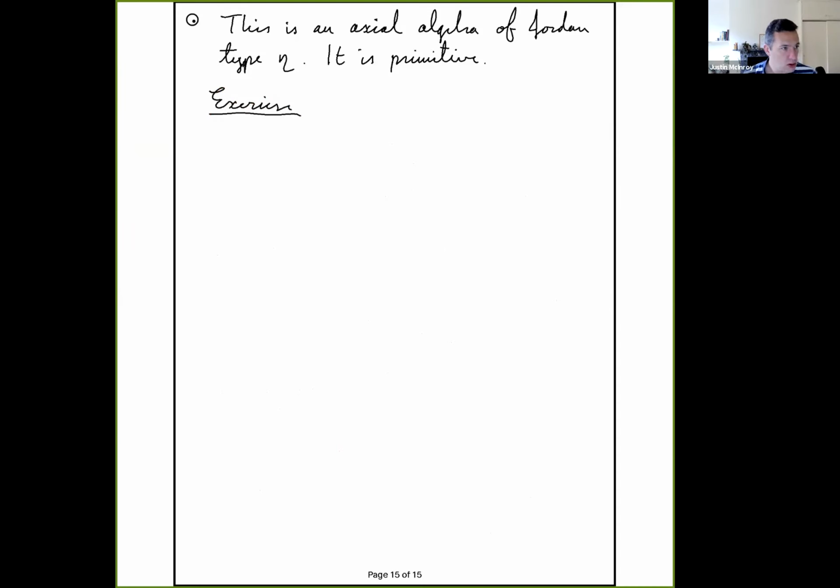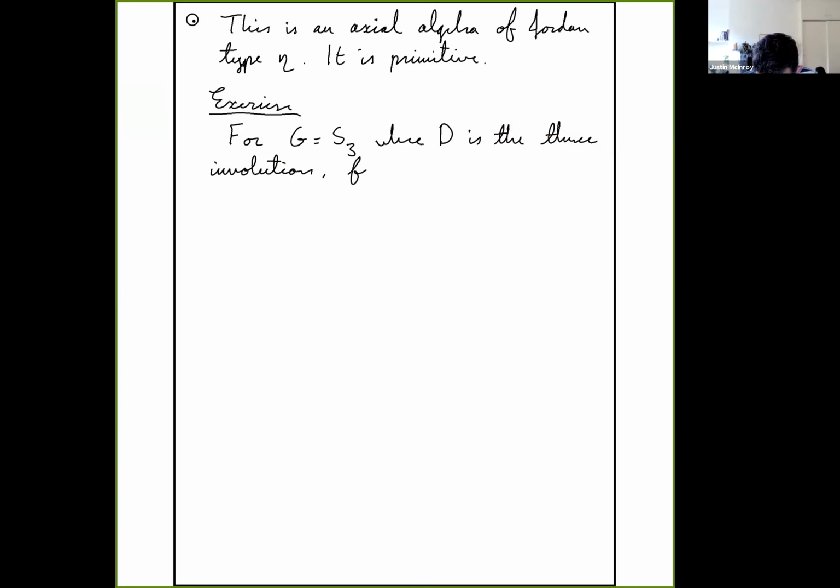Maybe not for all 3 transposition groups, but for the transposition group S3, where D is the 3 involutions, find the eigenspaces for the axes.